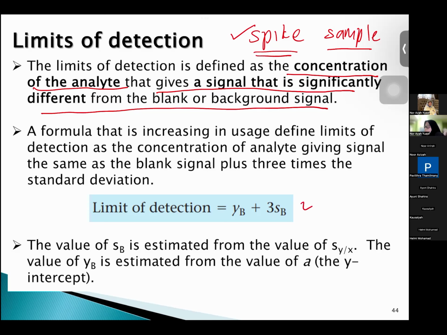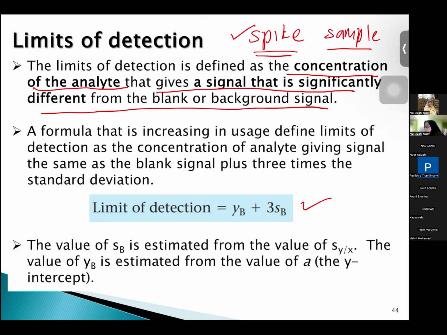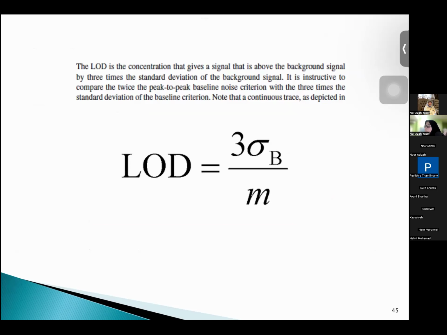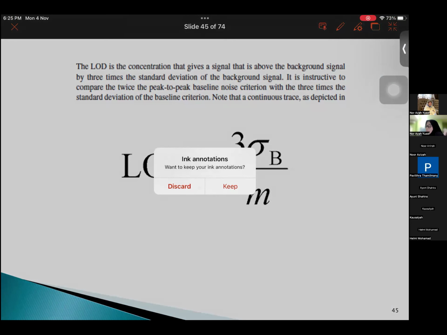This is the formula for limit of detection. But you can actually find different formulas as well. For example, I also came across this formula, but I usually use this one. I will explain the formula, but this is also another formula. So what's the difference?